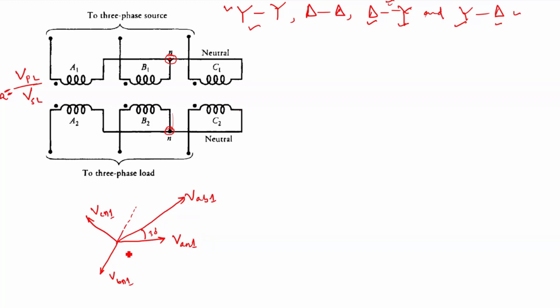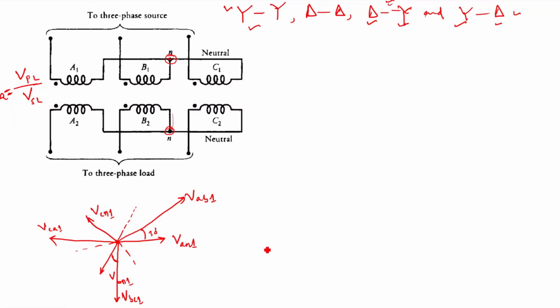Similarly, your VBC1 will be in this direction, which is leading VBN1 by 30 degrees. And similarly, your VCA1 will be here in this direction. So now this is your primary side voltage.